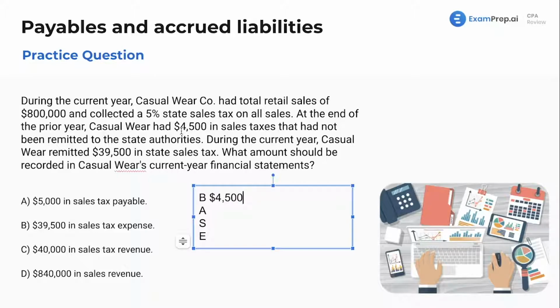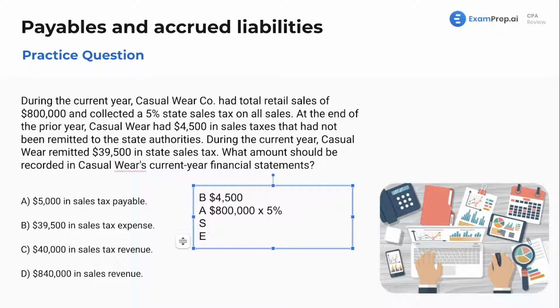Next, additions would be collections of sales tax. So total retail sales of $800,000, collected 5%. So the additions to this account are going to be $800,000 times 5%.